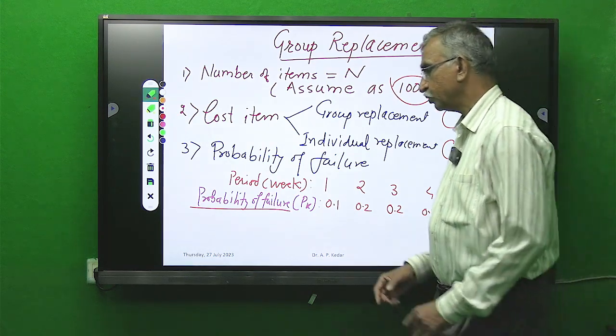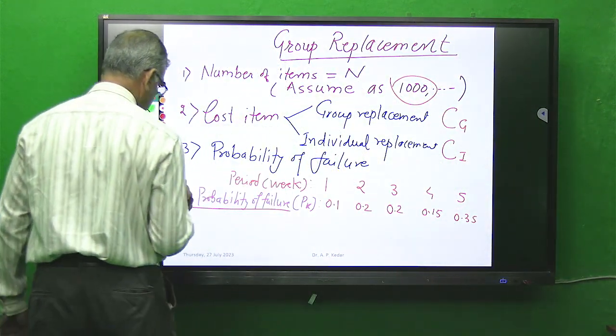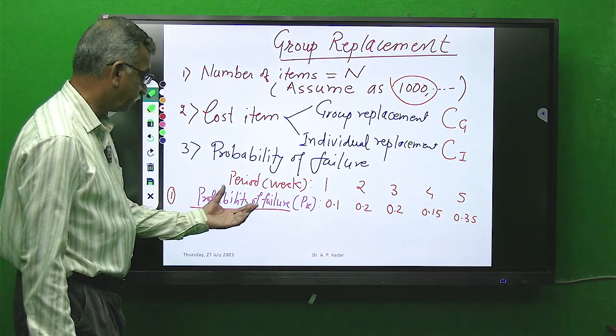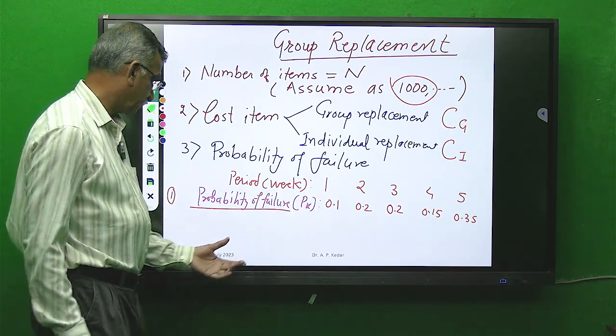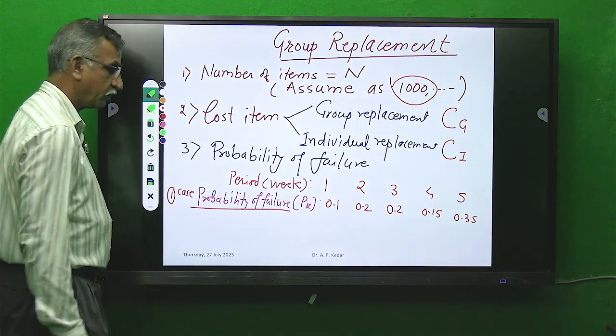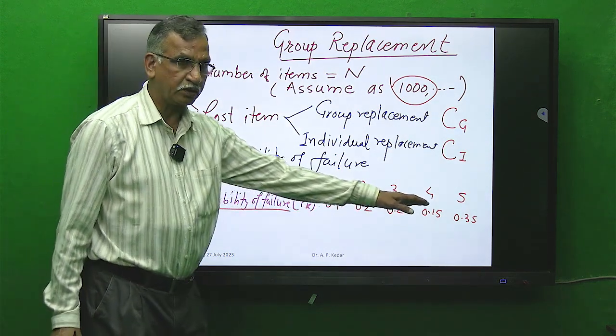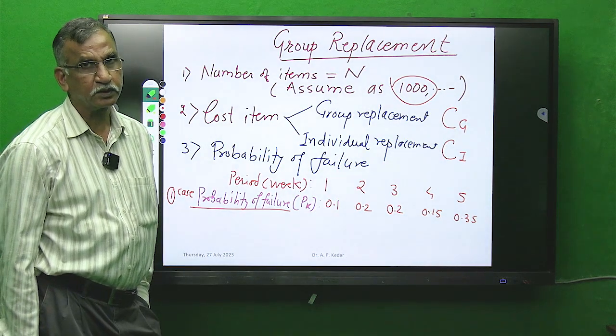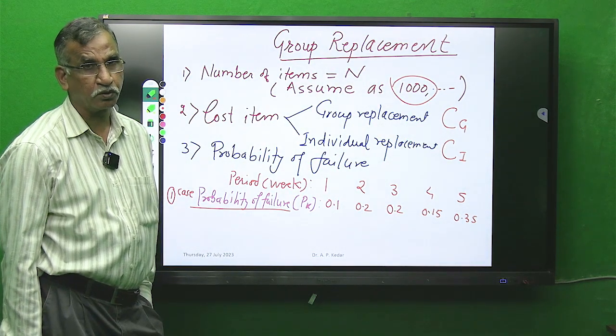Okay, so this is the first case, case 1, where probability is given like this. This is very important, I am focusing on it.